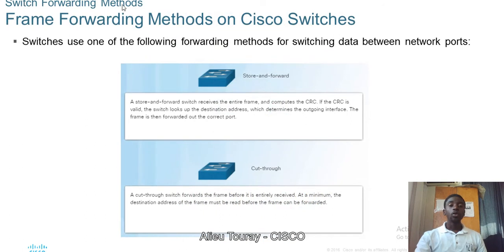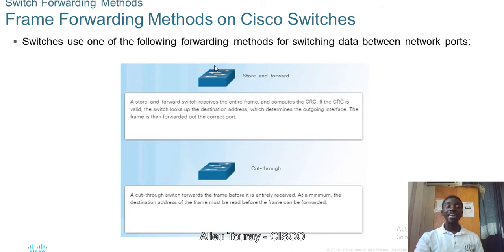So we talk about switch forwarding methods. A switch will forward based on two options: the store and forward method and the cut through method. The difference is that store and forward provides a lot of latency, that is a lot of delay, but it's the best because it makes sure that all frames received are sent successfully to their destination.